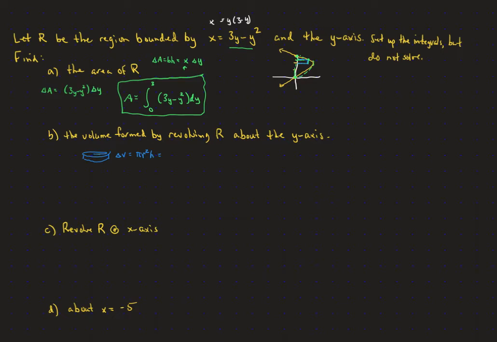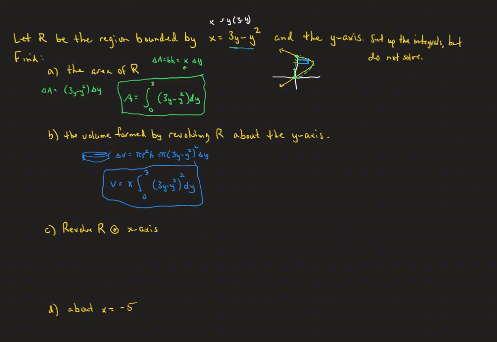The radius of our disk is going to be that x-coordinate there, which again is going to be the 3y minus y squared, and that radius is going to get squared. I forgot the pi. And the height of our disk is going to be that little delta y. That makes our volume pi, again integrating from 0 to 3, of (3y minus y squared) squared dy.